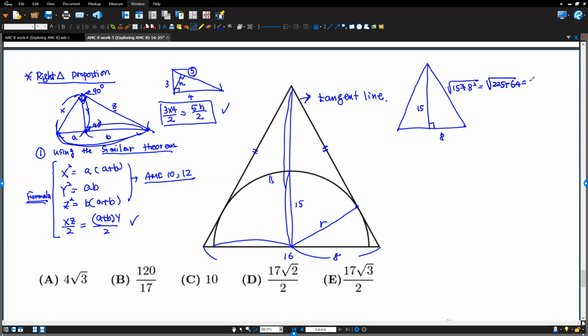That is 289. 17 squared is 289, right? The other day I told you before, the right triangle triplet. It's just the same thing.